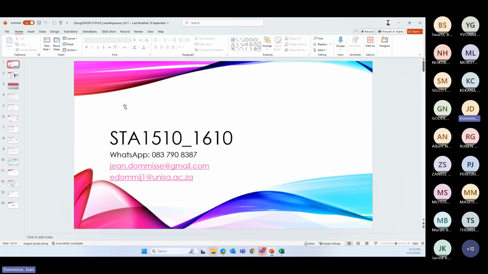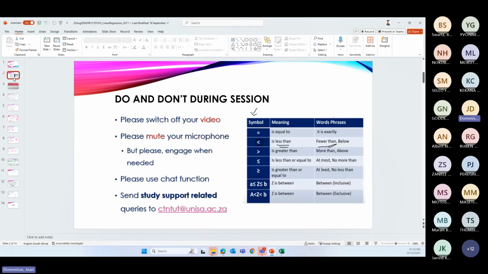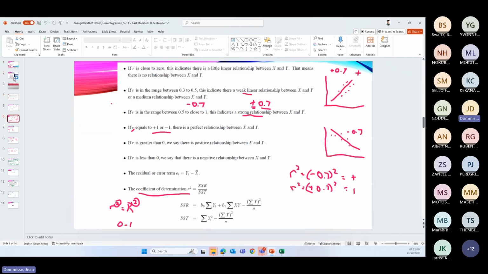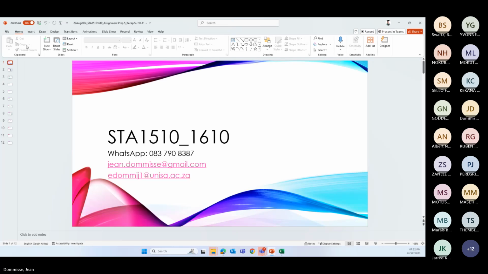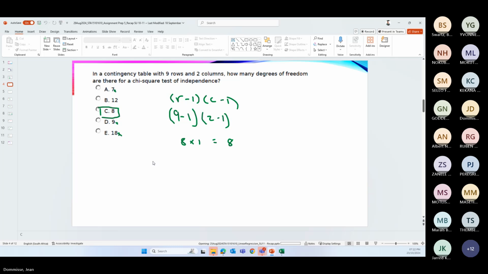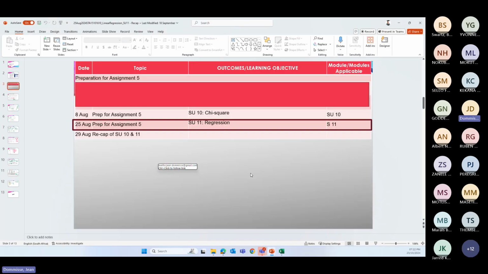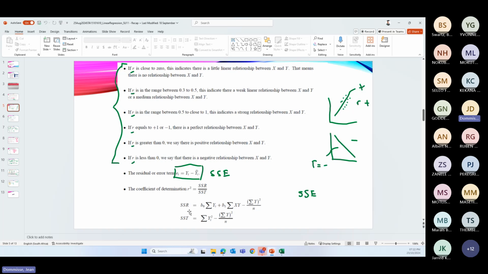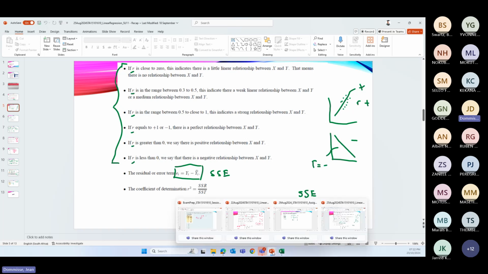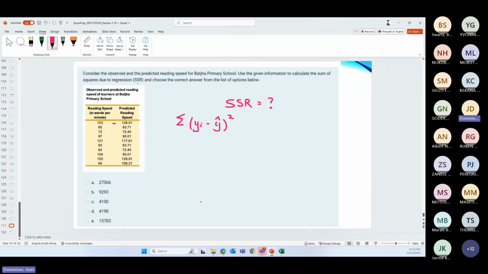We have the study guide. So let's just, okay, there it is. Okay, I'm just opening all the ones that, okay, so we were looking at the SSR.